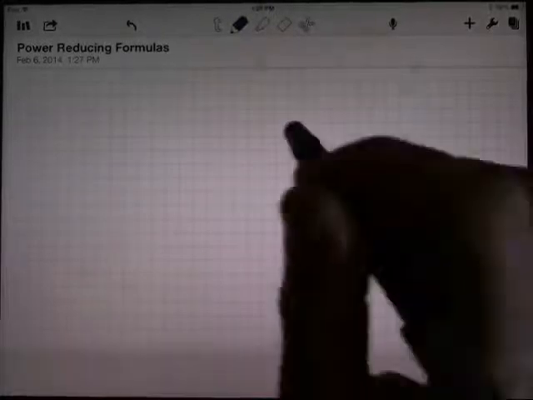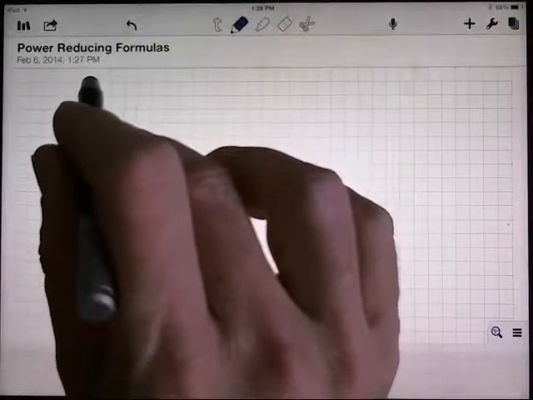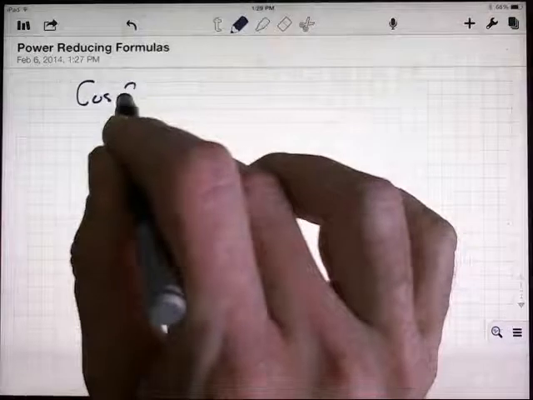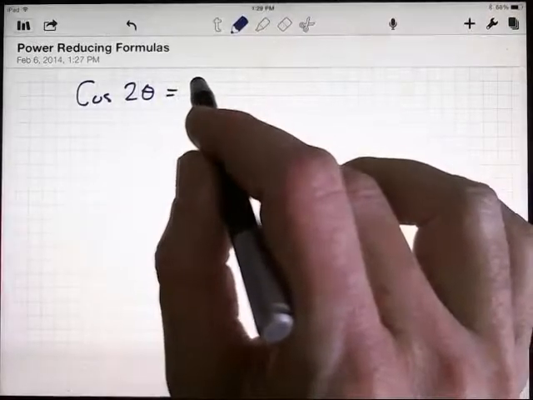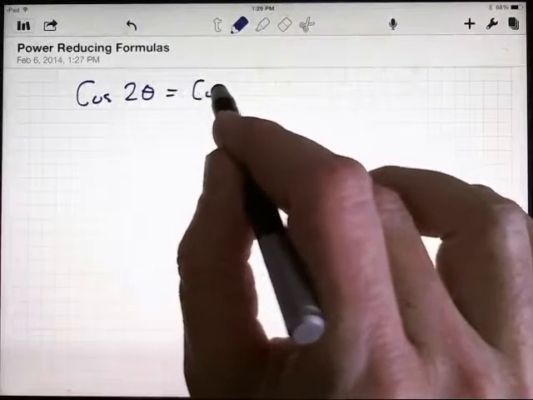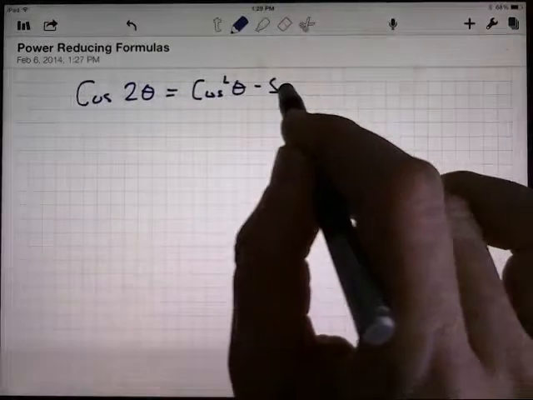So here we go. I'm going to start with the double angle formula for cosine. So I'm going to start with the cosine of 2 theta. I can usually only remember the vanilla flavor here: cosine squared of theta minus sine squared of theta.